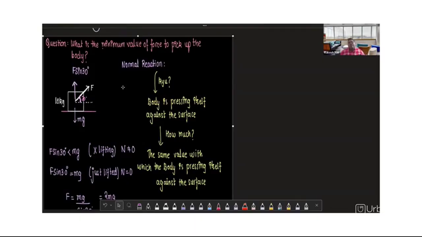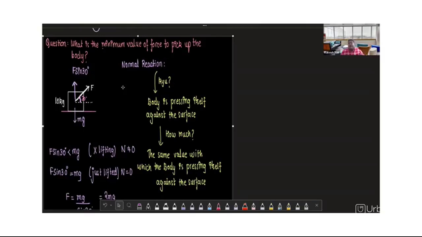What could be the minimum value of force? We can see that there is no external agency. But what's keeping it in contact? Friction between the block and the table, or the surface over which it is placed.